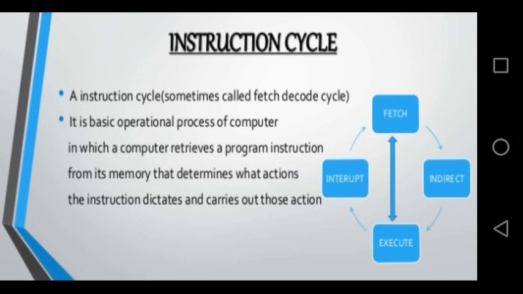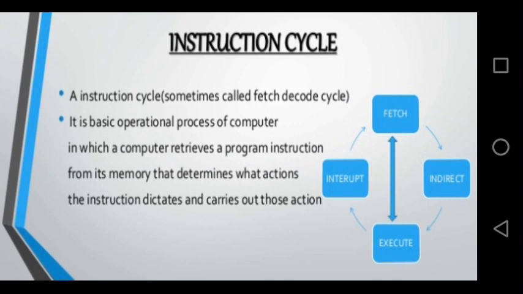The instruction cycle means something which gets repeated. It is also called the instruction execution cycle: how instructions are executed within the CPU. What are the steps? What are the different phases in executing an instruction? Remember, there won't be a single instruction. The program contains n number of instructions.